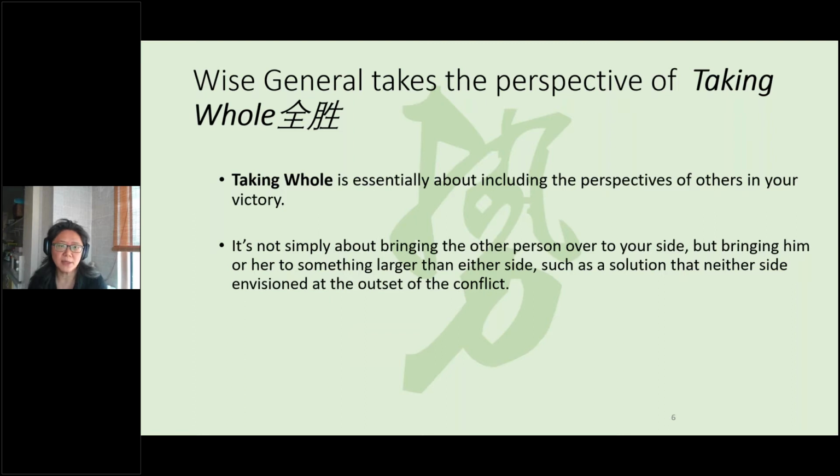The concept of taking whole is, of course, taking all of the perspectives of the stakeholders. And there's more to that, because if you read the second paragraph of this taking whole, it's about bringing something bigger than either side.